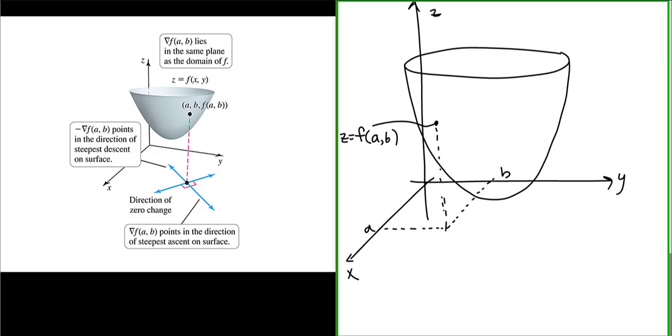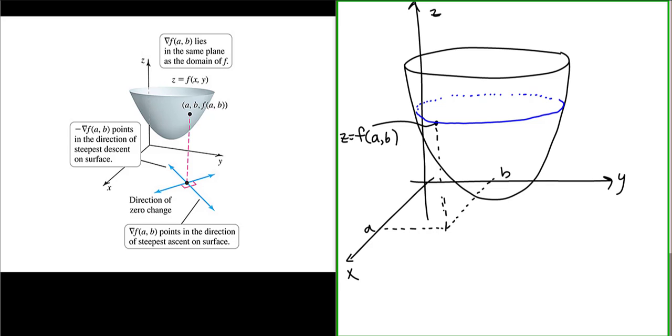So looking at all values of z equivalent to that, that would take us on a path around our paraboloid. So this path, all values of z are the same. This is what we call a level curve because we're not increasing in our value of z and we're not decreasing in our value of z.